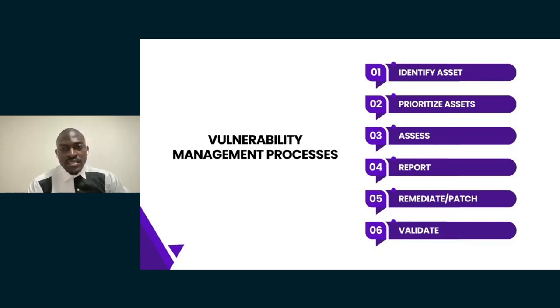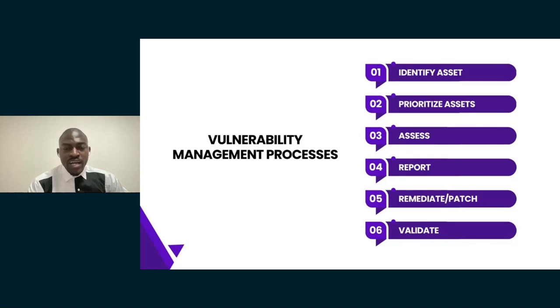So, in the space of identifying your assets, you also need to prioritize them, so that you can apply security controls on each of those assets. The way you can identify if an asset is very critical is to say, if this asset is compromised today, what impact is it going to have on our business? Are we going to lose business?